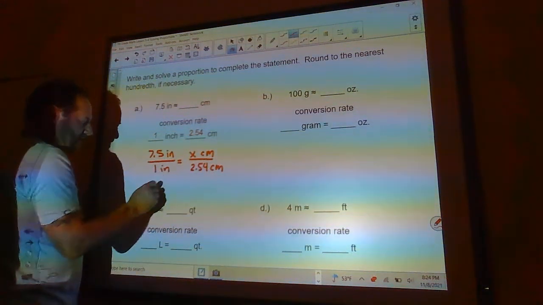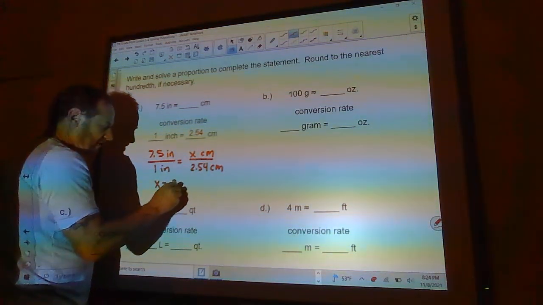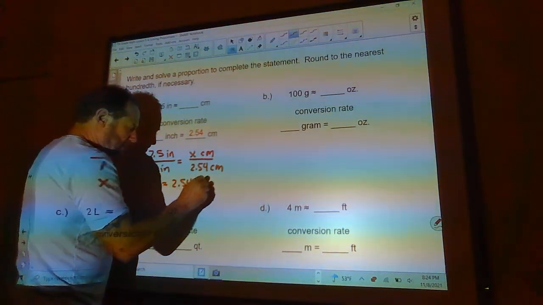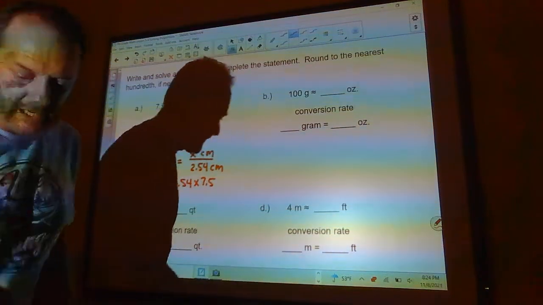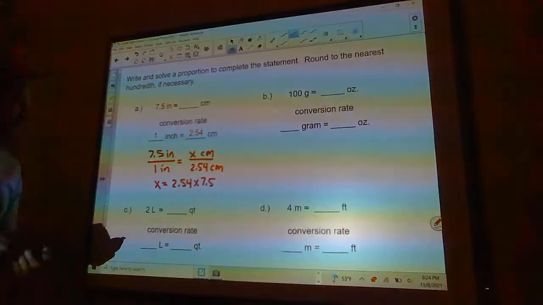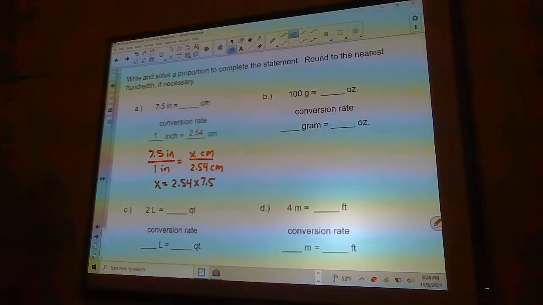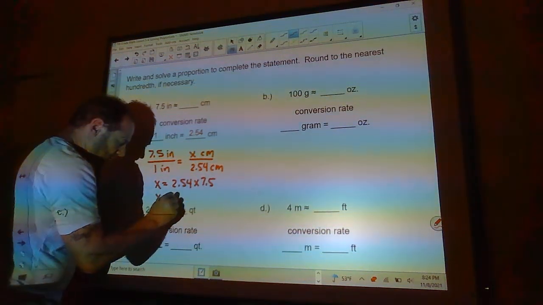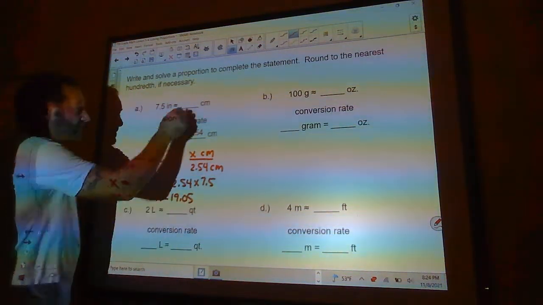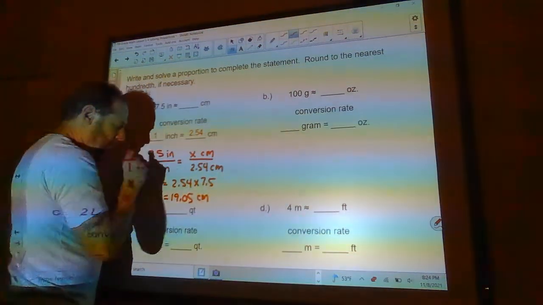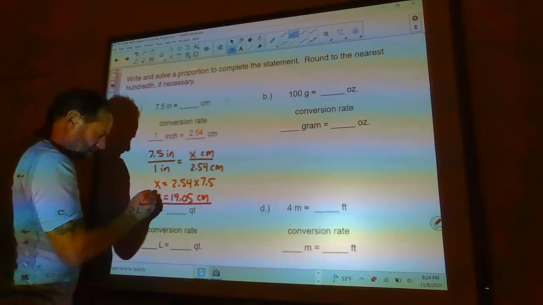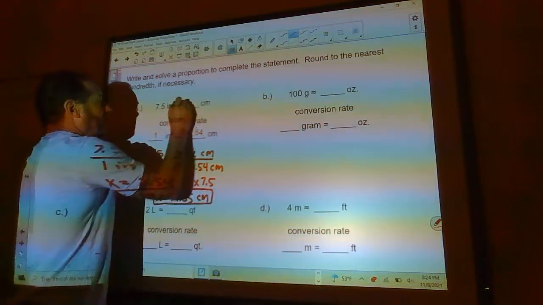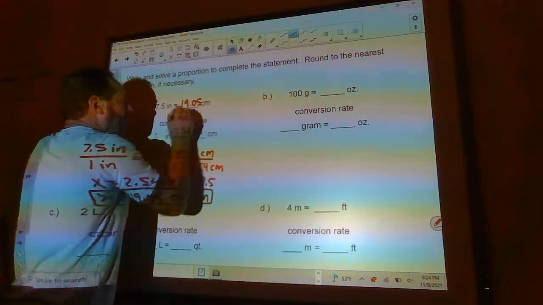And now x is going to be 2.54 times 7.5. Well, I'd get out my handy dandy TI-84 Plus C Silver Edition graphing calculator, which I don't have with me, so I'm using my phone. 2.54 times 7.5 comes out to be 19.05, and that is in centimeters. Okay? So I showed my work, and I can write the answer up there.